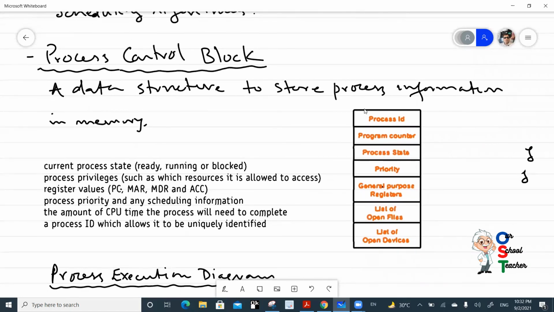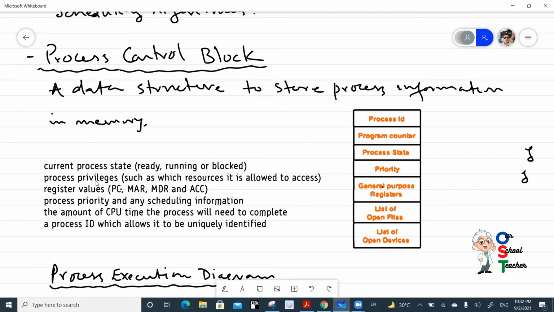So the image is showing a number of different information pieces about any process. According to your book, it keeps the current process state. Current process state might be that the process is in ready mode, or running mode, or block mode, or it might be in waiting mode also. So in which mode it is, is kept in the PCB, process control block.